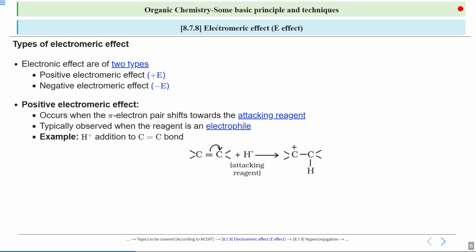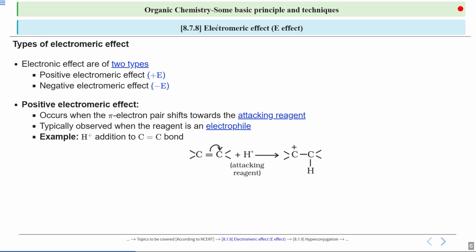If you consider the previous example, the addition of H plus to a C double bond C, you can see very clearly that the double bond is moving onto the carbon, and now that negative charge on carbon is being donated to the hydrogen ion. Why? Because H plus is an electrophile, because it is deficient in electrons.